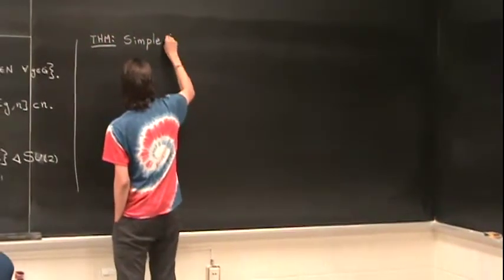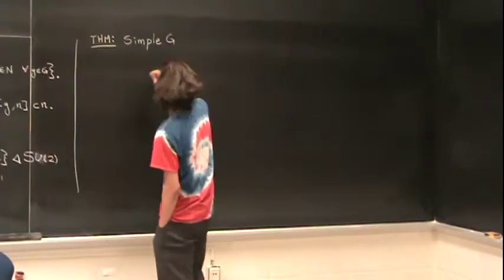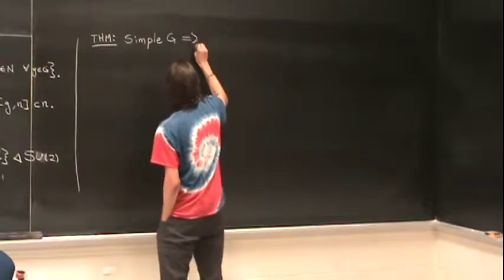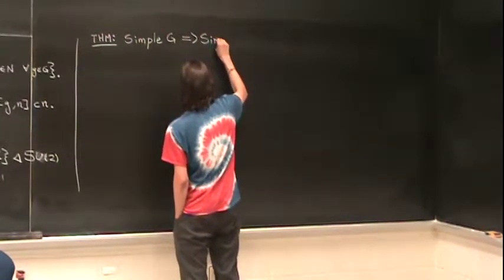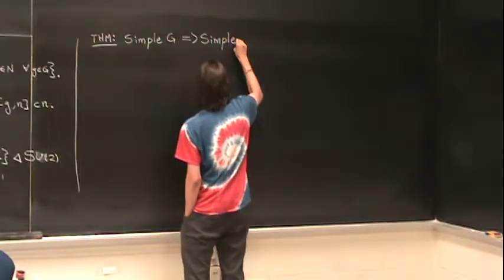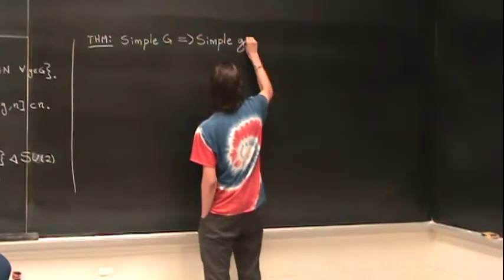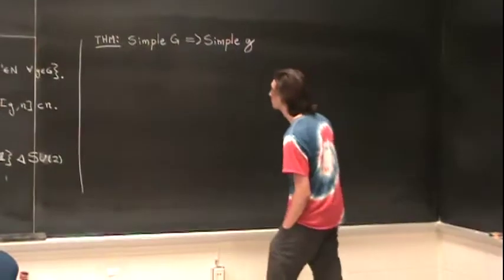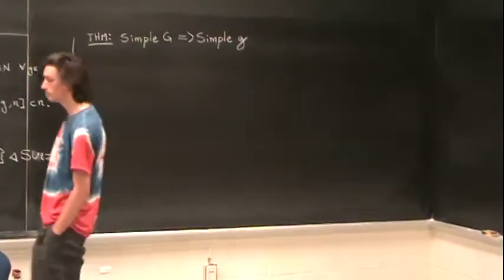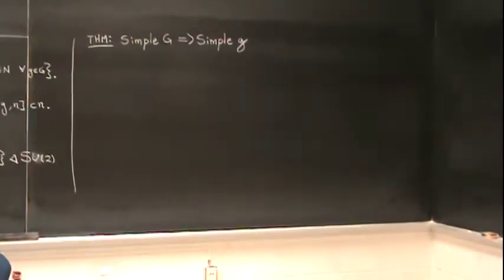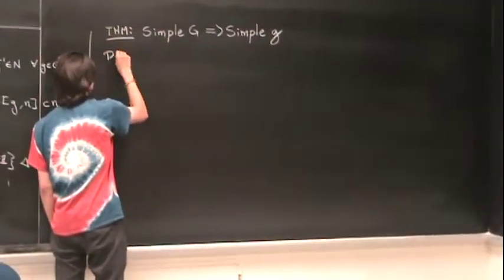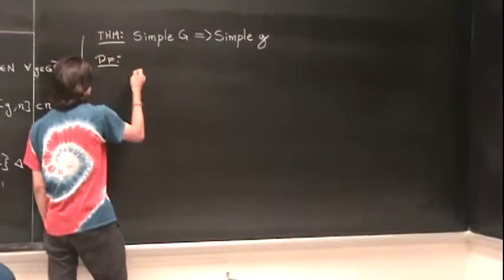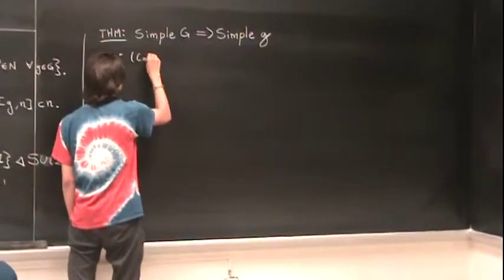A simple Lie group G does indeed mean that the Lie algebra that generates the group is simple. How do we prove this? Well, proof. We're going to prove this by contraposition.